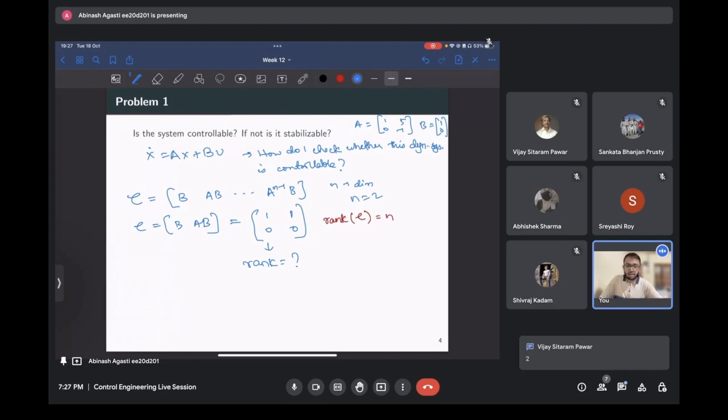Okay, so how is the rank 2? Yeah, n equal to 2, correct. But we say that if this is the case, then the system is controllable.